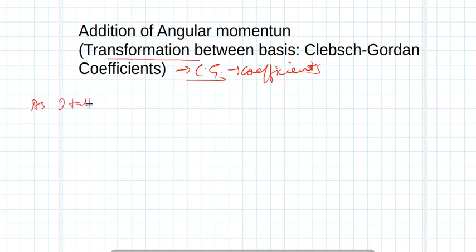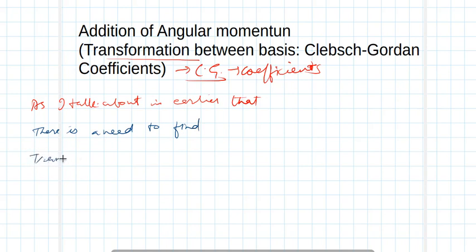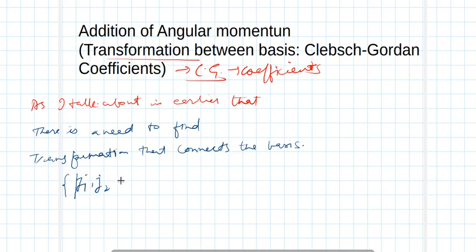As I talked about in the earlier lecture, there is a need to find a transformation that connects the bases |j1, j2, m1, m2> and |j, m>, right?